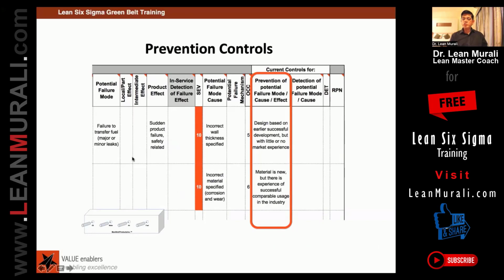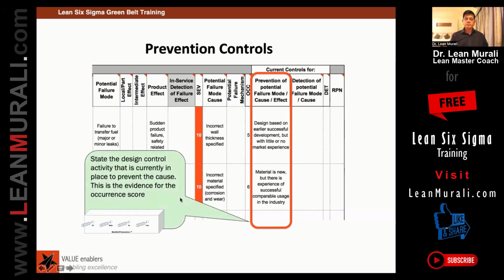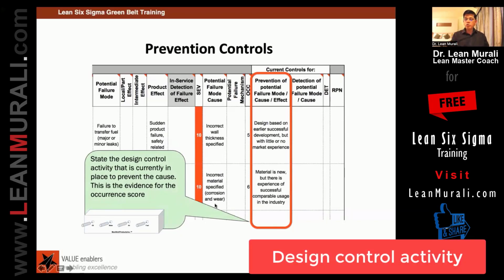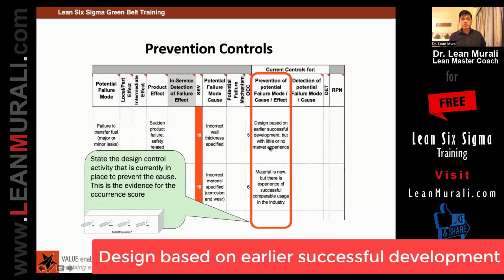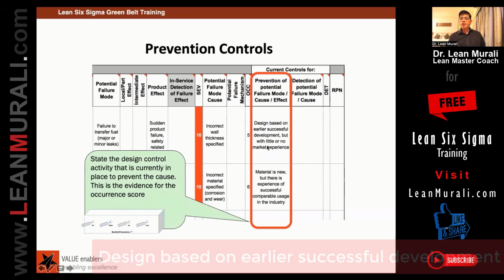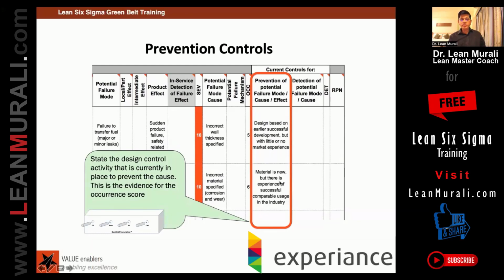So, prevention of potential failure modes, cause and effect. State the design control activity that is currently in place to prevent the cause. This is the evidence. Here the prevention control is a design based on earlier successful development, but with little or no market experience.